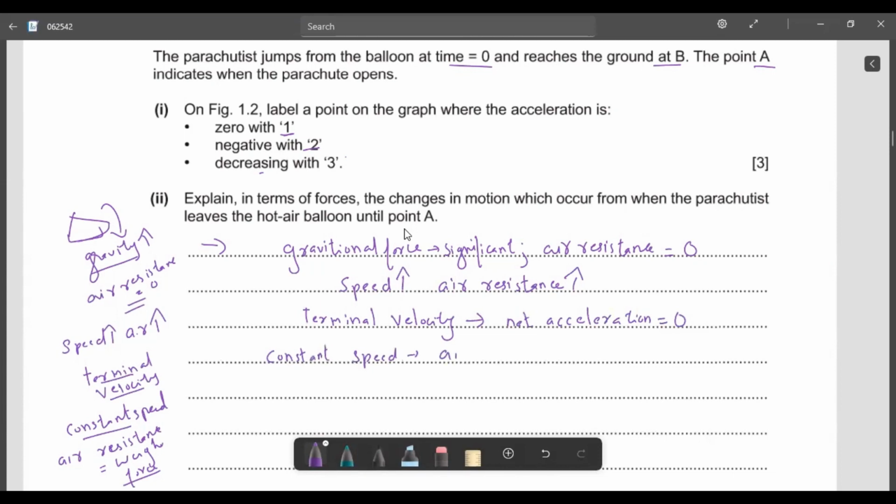So here air resistance is equal to gravitational force, or we can say weight.